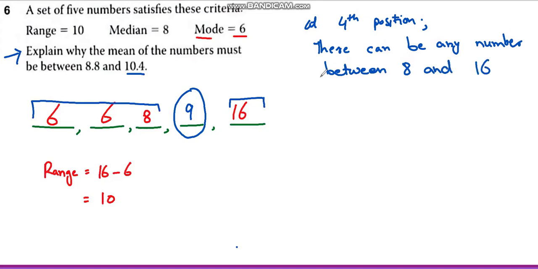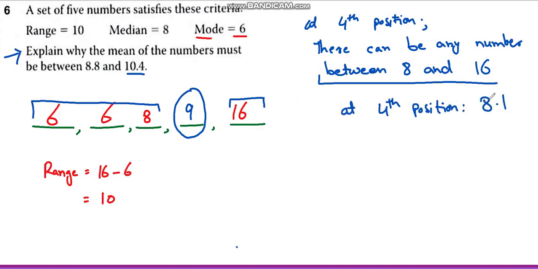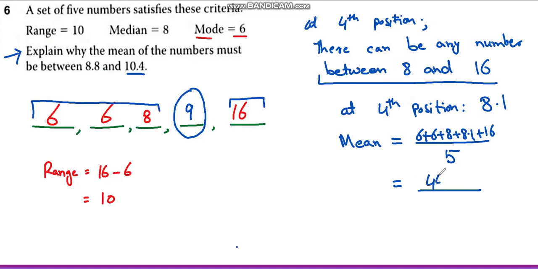Now let's see how the mean changes by changing the number at the 4th position. Let's take the minimum possible number, meaning 8.1 here, and find the mean. Mean is the sum of numbers divided by the total numbers. So there are 5 numbers in total, and the sum of all numbers, 6, 6, 8, 8.1, and 16, is 44.1.